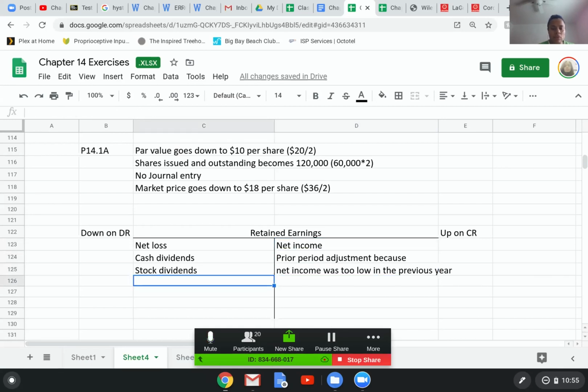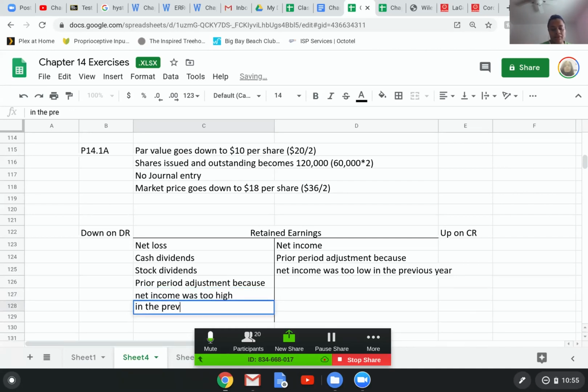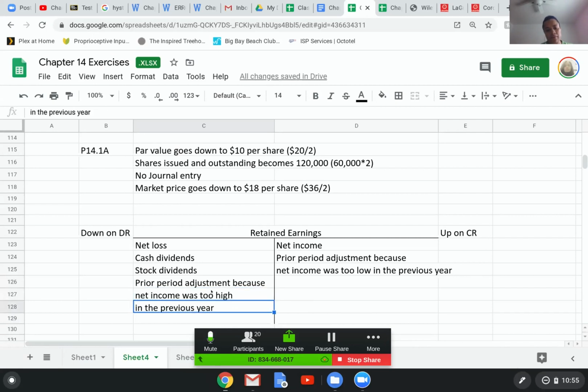And then why would you decrease retained earnings? Because there's a prior period adjustment because net income was too high in the previous year. So then you subtract from retained earnings whatever the amount of the error is.